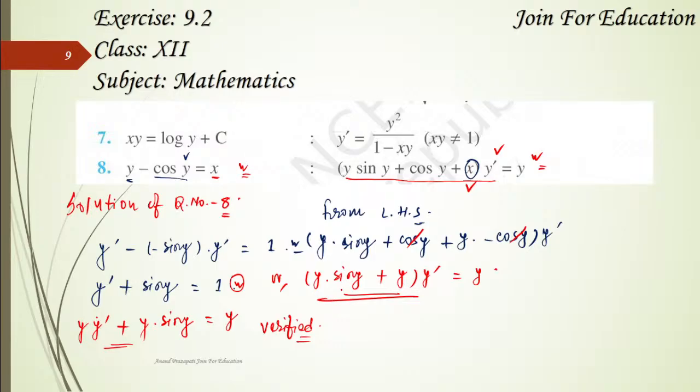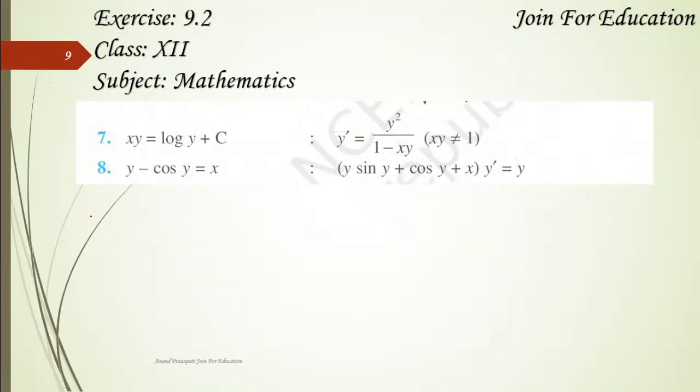We have one more method to solve this question. Let's see the other method of the solution of this question. So let's see the solution of question number 8. Here y minus cos y equal to x.